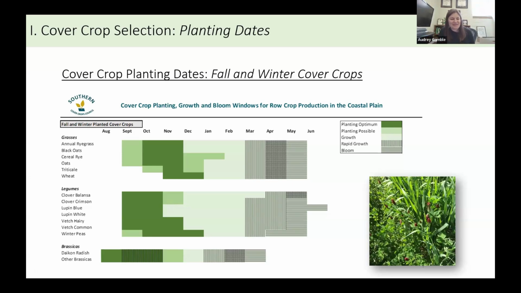There are some years where we can plant a crimson clover cover crop in late November and still get a really nice stand and biomass production the following year. But as we move outside of that ideal planting window, our risk of having non-ideal cover crop biomass starts to increase. And then our radishes or brassicas that are common for fall and winter planting, those really like to be planted early. So the September, October timeframe is when we want to plant those in order to achieve the maximum benefit.